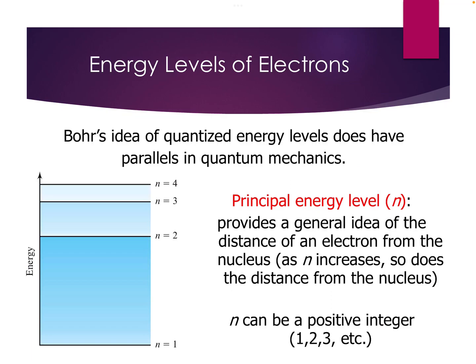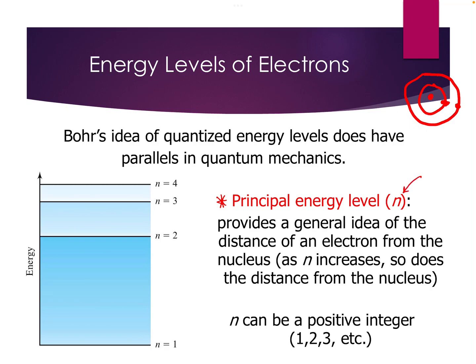So Bohr's idea of those orbits, 1, 2, and so on, and those quantized energy levels where the electron could be here or here, but not in between, does have some parallels in the quantum mechanical model of the atom. Instead of calling them orbits, we're now going to think of them as principal energy levels.